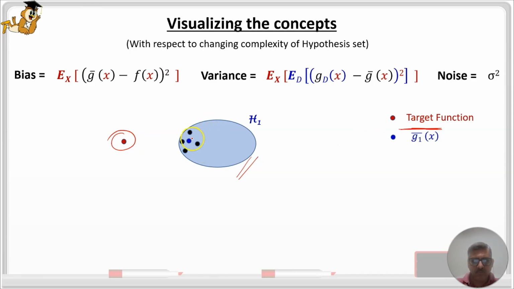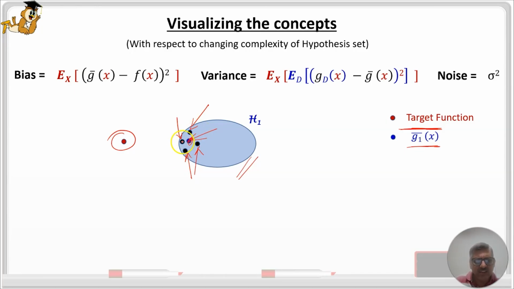Let us say that this blue dot right here is the G1 bar of X, which is the average final hypothesis over the set H1. These black dots are the G's, the final hypotheses for various data sets that you experimented with. Okay, so this blue dot is the average final hypothesis, and the black dots are the final hypothesis for various data sets.